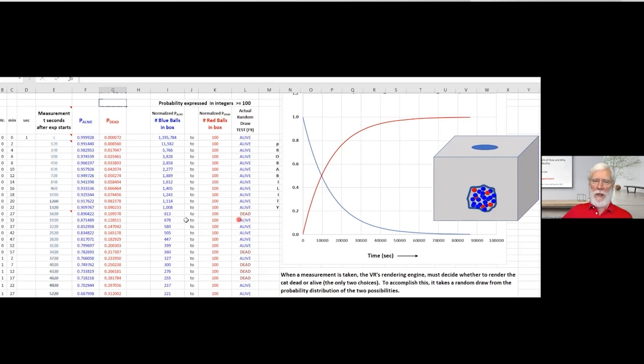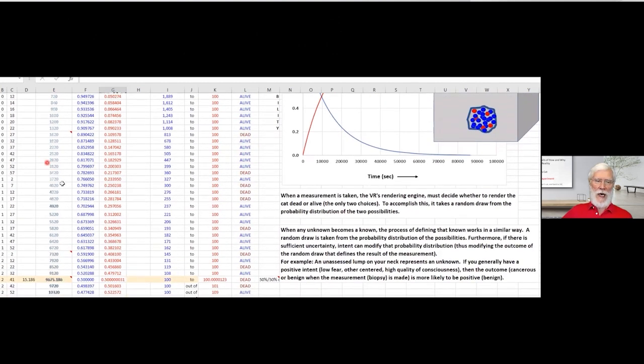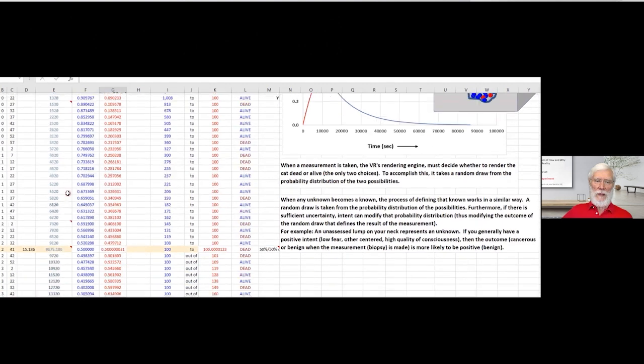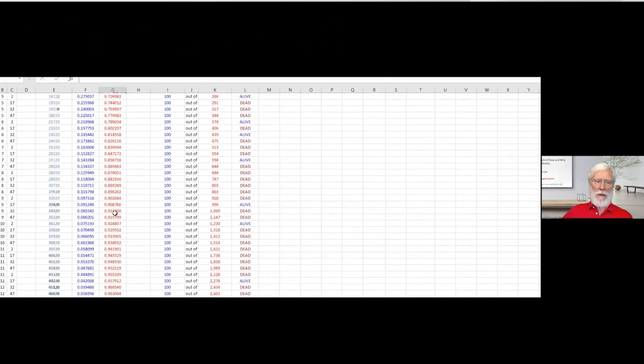I do a random draw with 813 blue balls and 100 red. And this is what the random number generator picked. It picked one of the red balls, dead. So we see, as we scan down here through the various times, that this was Schrödinger's cat. All right, we go down to the very last point, which is 24 hours.